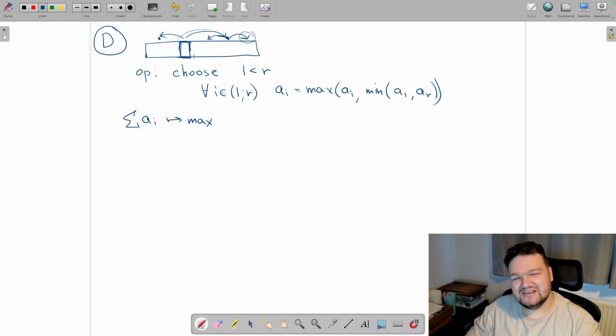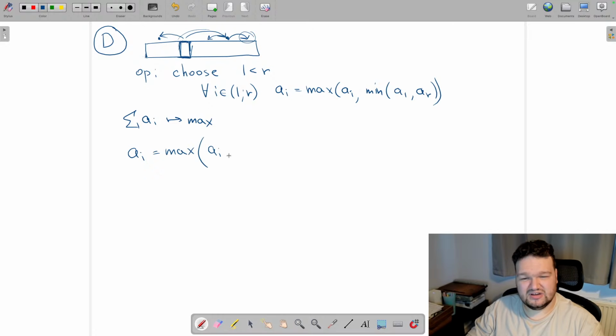You kind of need a number on the left and a number on the right to do anything. And it turns out that the final value on position i will be the maximum of the initial value and then the minimum of what we can get on the left and on the right.